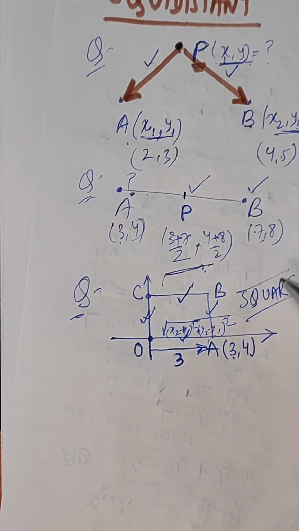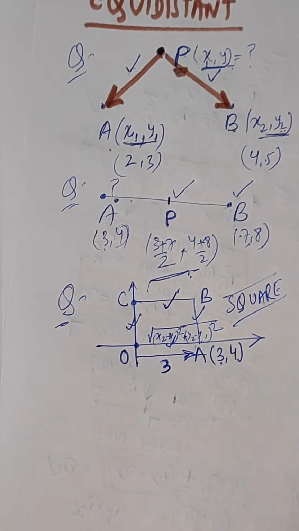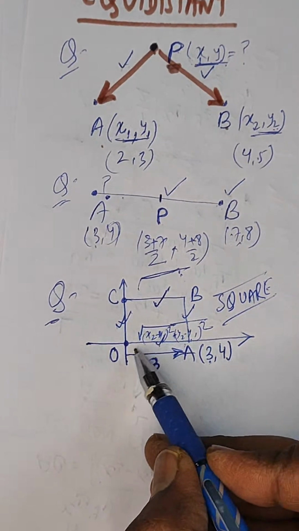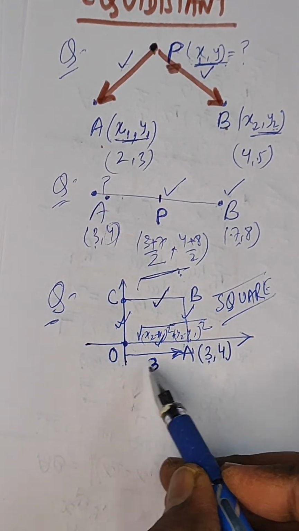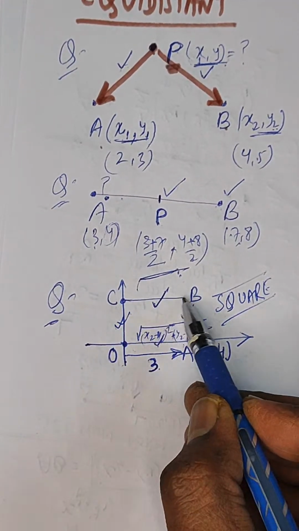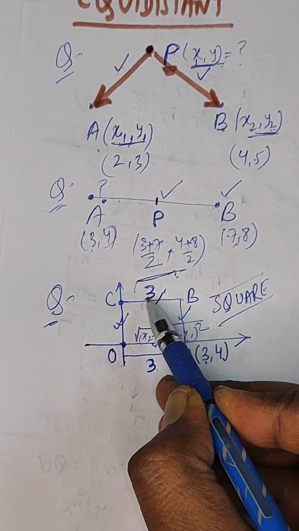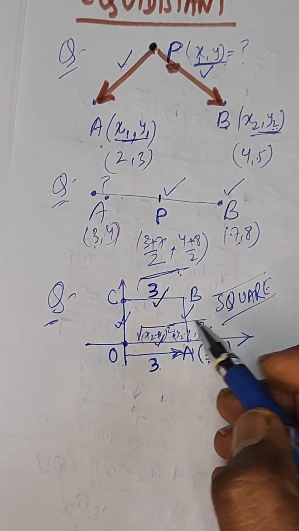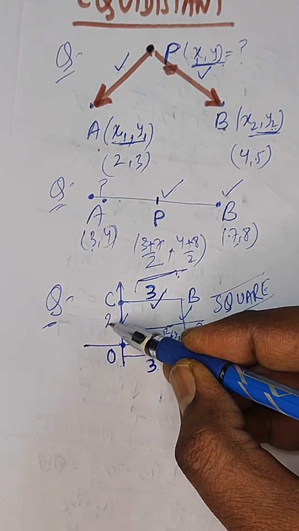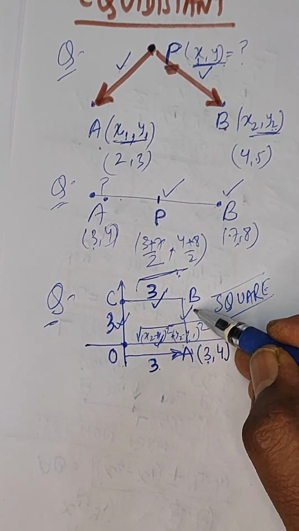So to solve such questions of a square or rectangle, we need to understand the basic geometry, that yes, if the distance of the x coordinate of this point A from the origin is 3, then definitely the distance of BC will also be 3, right? Because this is the side of the square and given by the x coordinate. Similarly, OC will be 3, right? Isn't it? Similarly, AB will be 3.